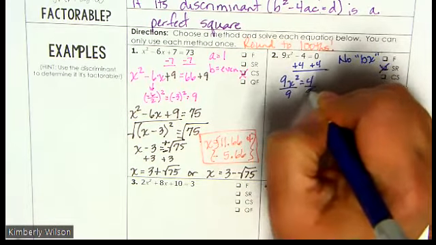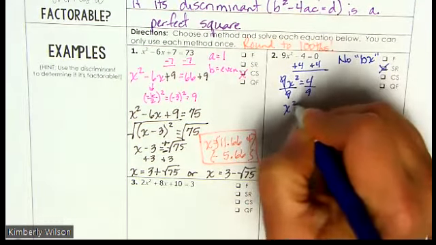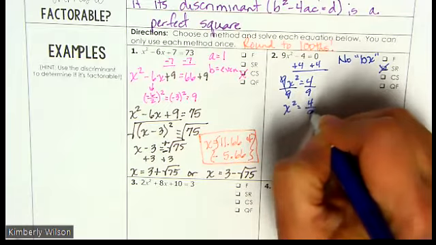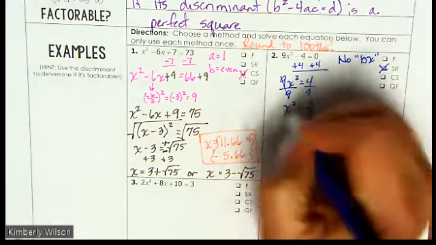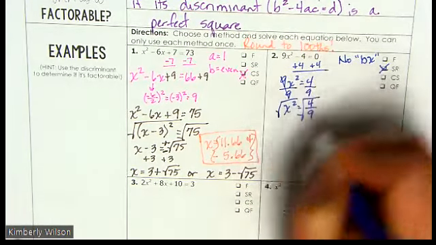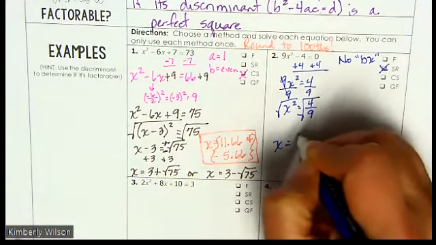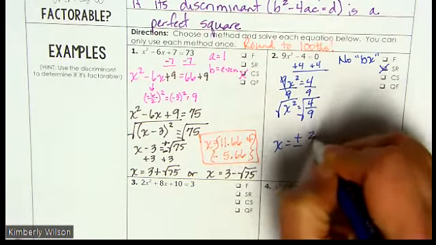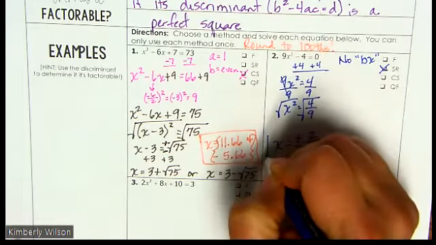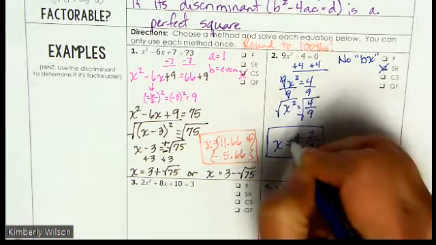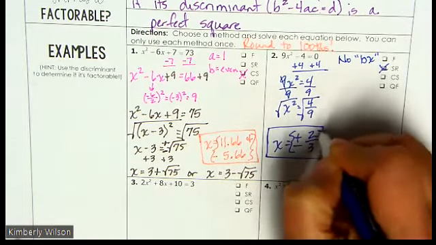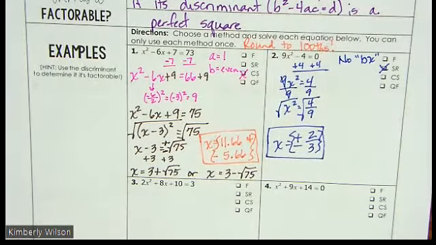Divide by 9, x squared equals 4/9. I don't do that division because they're perfect squares. Take the square root of each side, and we end up with x equals positive negative 2/3. And that's supposed to be in the curly brackets. Okay, next. Oh, that was fast.